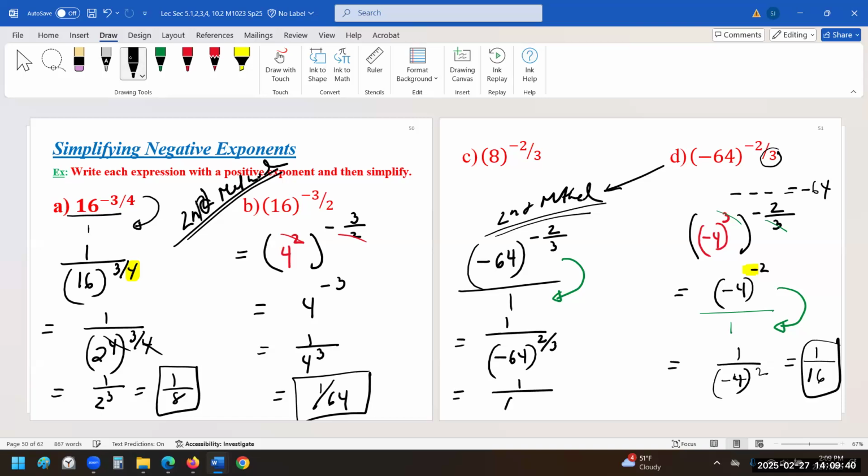So 1 over, we rewrite this as negative 4 cubed. And we still have 2/3, they cancel out. So 1 over negative 4 squared, which is 1 over 16. So it doesn't matter which method you use, the results are supposed to be the same.